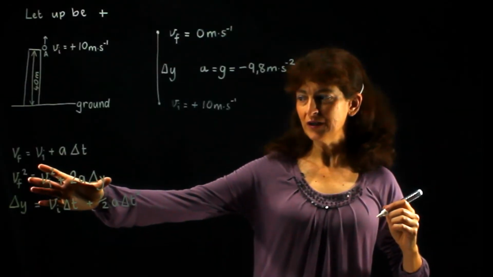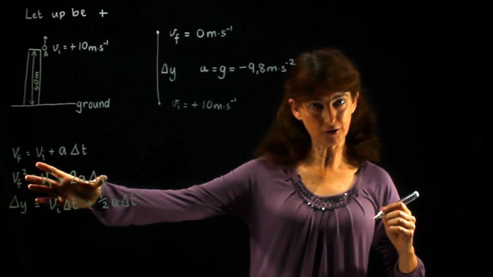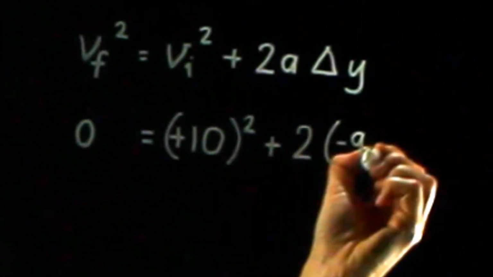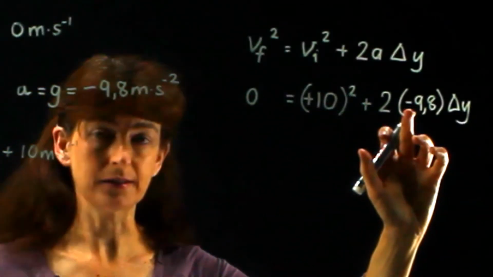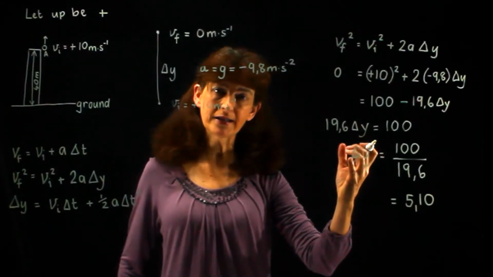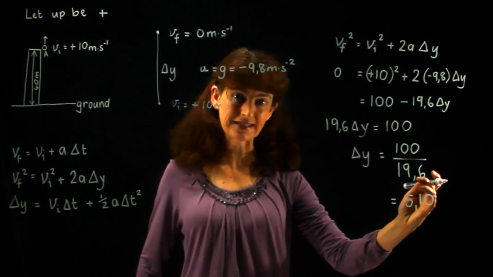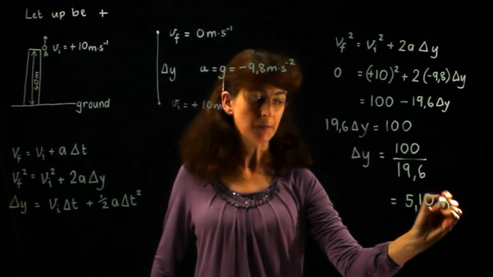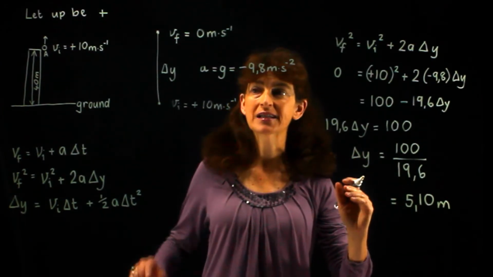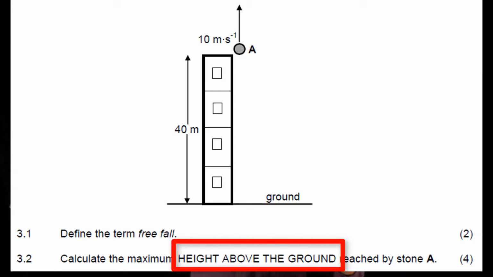So all we need to do is to substitute into this equation and do our algebra. Make sure that you do put in the signs. So we find delta y to be 5,10 meters. But be careful, that is not the answer to the question, because we were asked how high above the ground is the maximum height.